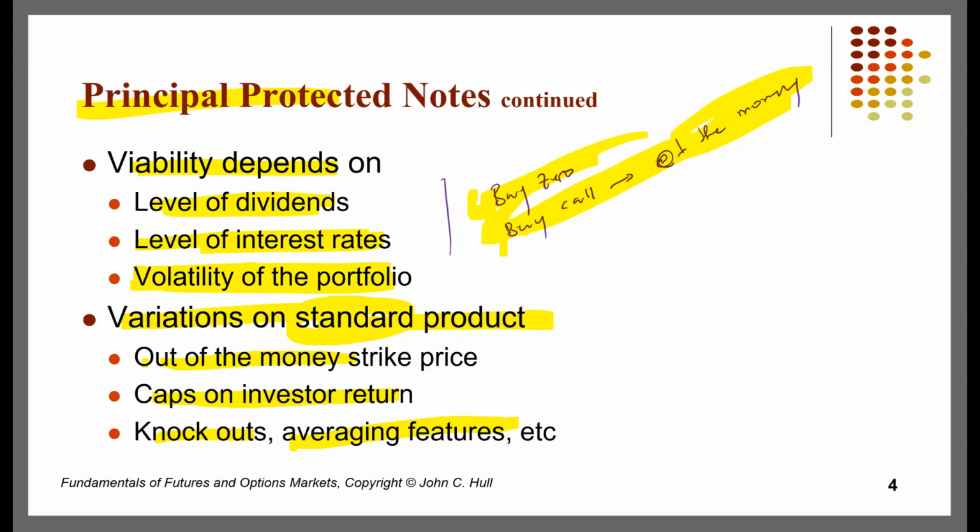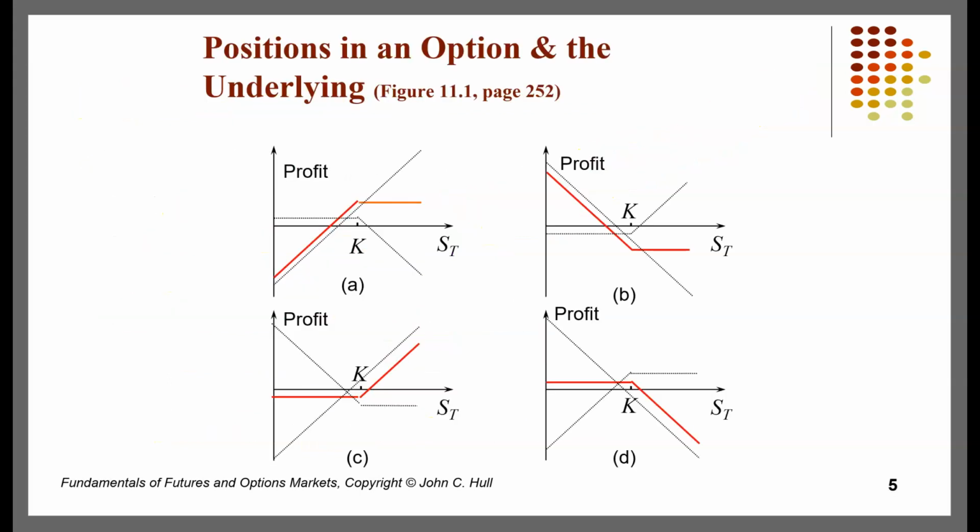We also talked about positions that use both options and stock, and we looked at the first position, which was essentially a long stock, short call. A long stock, short call strategy is what we refer to as a covered call. Long stock was our line there.